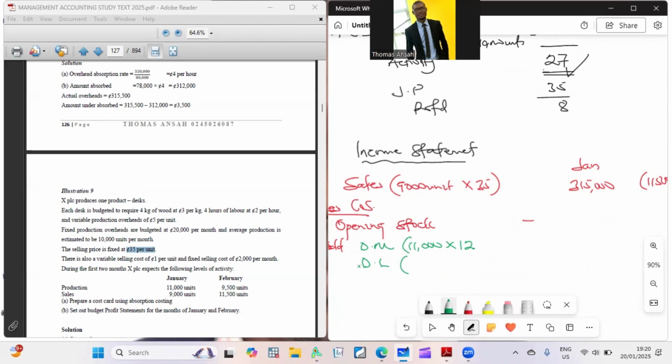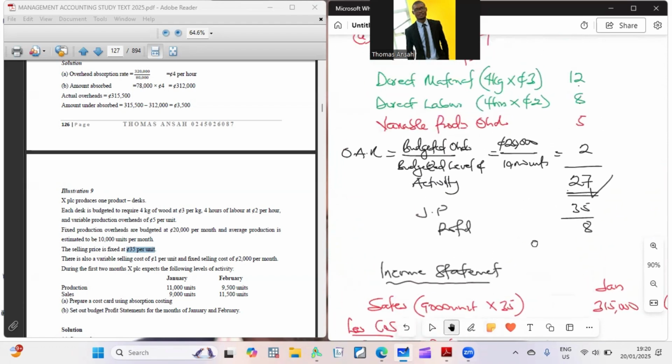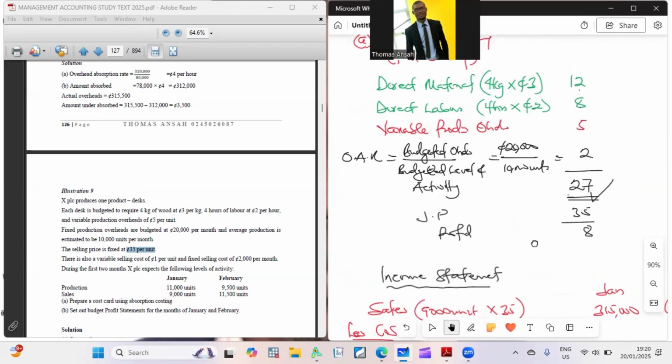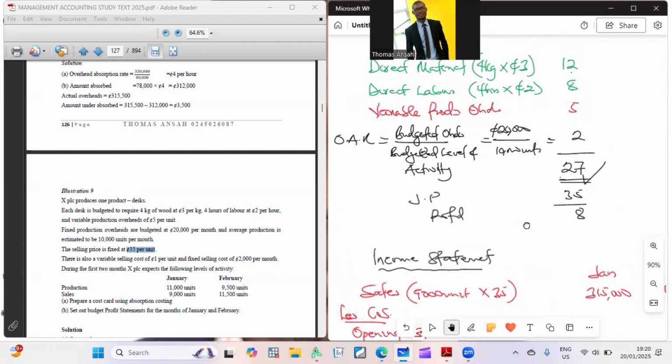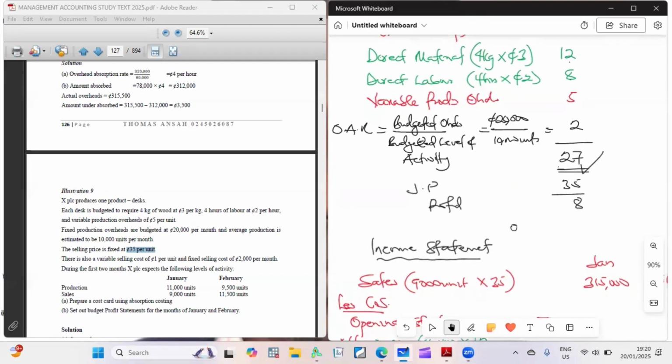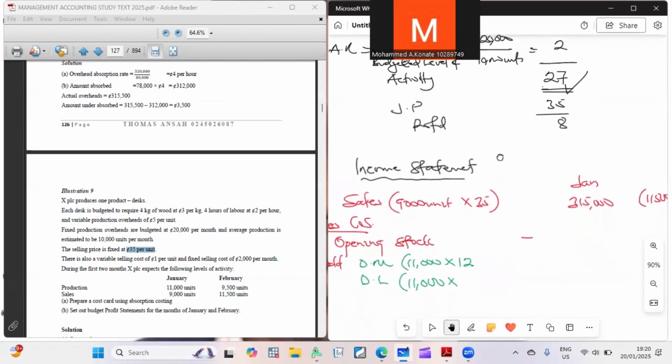The labor, you are producing 11,000. And the labor hours for each, that one too, 4 hours per unit. So you multiply it and the price is 8. You saw it up there. All right. So that is that.